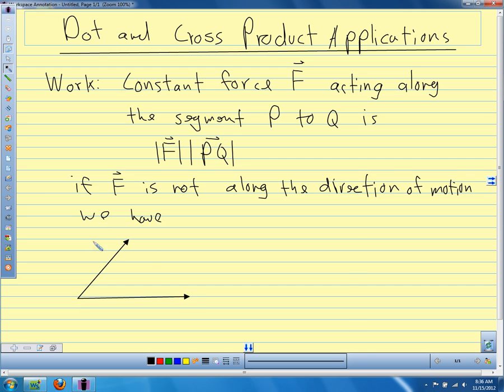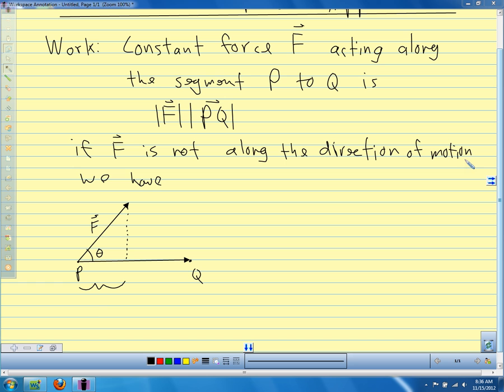So this is my force vector. This is point P, and our terminal point here is point Q. And it's acting at some angle theta from the direction of motion. So the component of our force along the direction of motion, this component, is just the magnitude of F times the cosine of our angle.